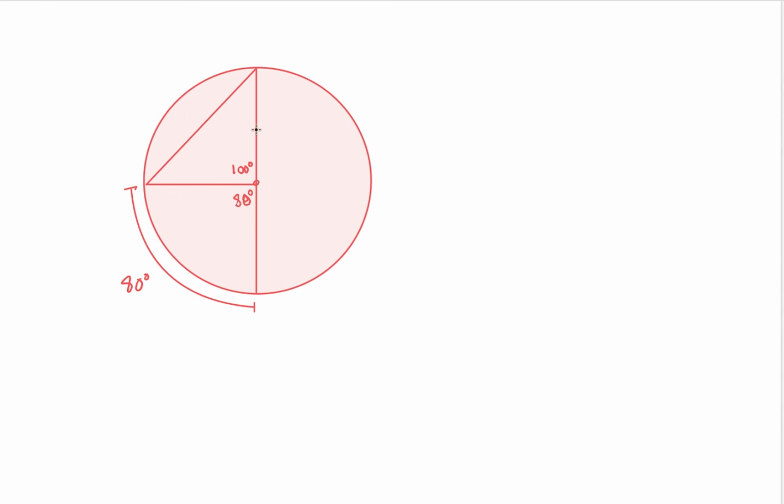And if these two are the same length, then these two angles here are going to be the same measure, which means 180 minus 100 is 80, divided by 2 to get the measure of these two. So these two are going to be 40 each.